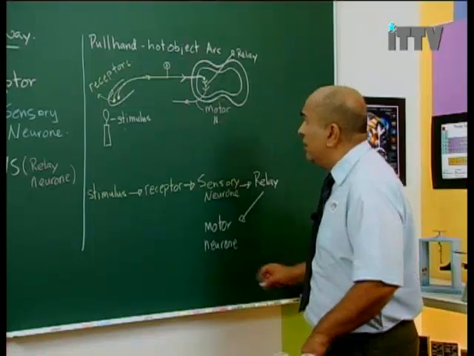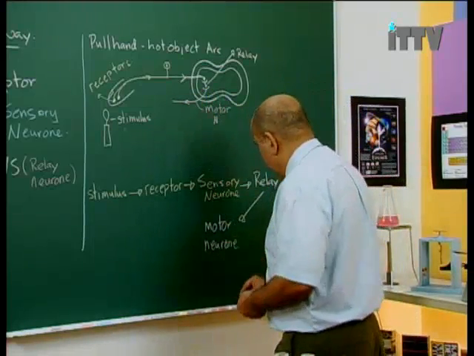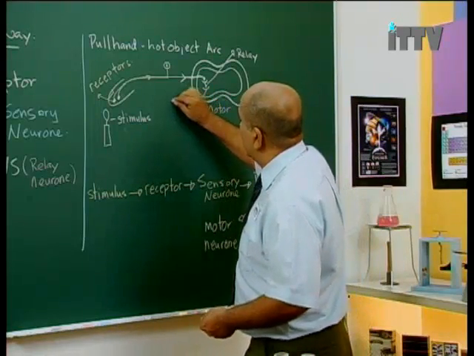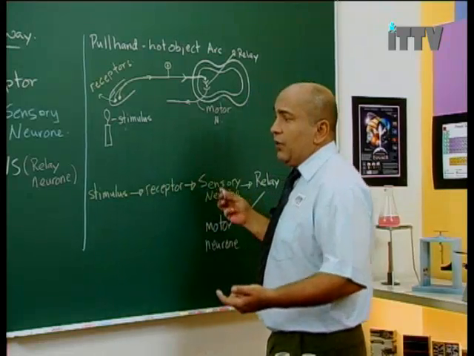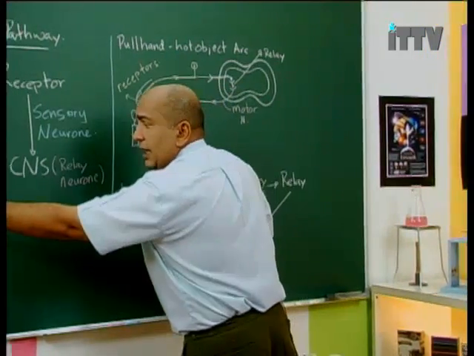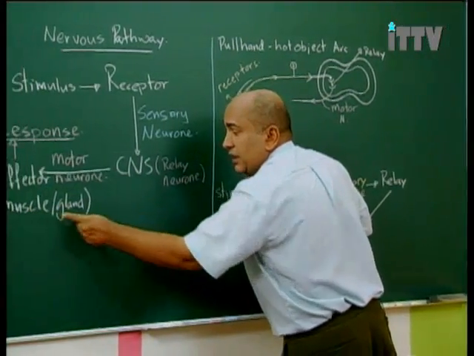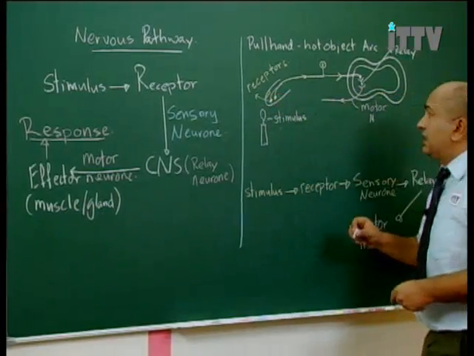Now the motor neuron will carry the information until it reaches our effector. We said that the effector is either a muscle or a gland; we'll use a muscle this time.